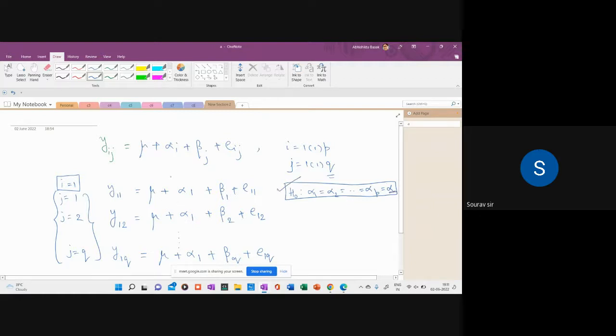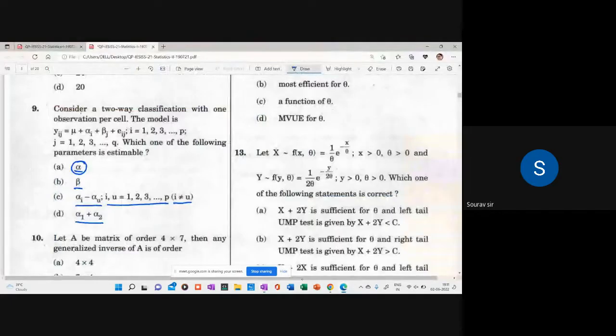So there is no alpha present in my model. It is either alpha 1, or alpha 2, or alpha p. There is no single symbol alpha present here, and in a similar manner, no symbol beta is present. So directly we can cancel out option A and option B.